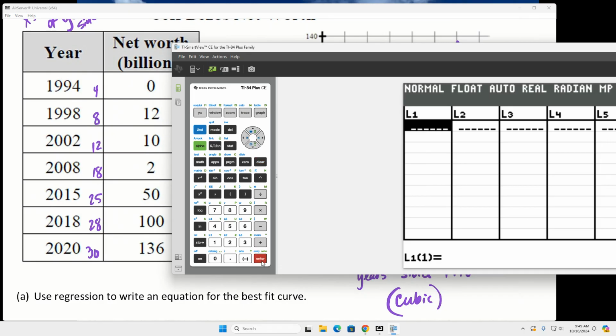If you delete a list, it's fixable, but I'll have to show you how to do it. You can't just go back and rename stuff the right thing if you delete a list. All right, so what we're going to do is put that 4, 8, 12, 18 into list 1. Net worth into list 2.